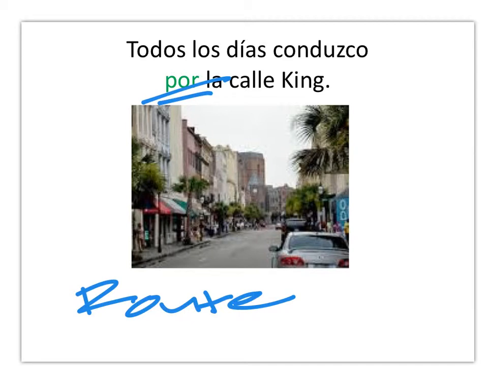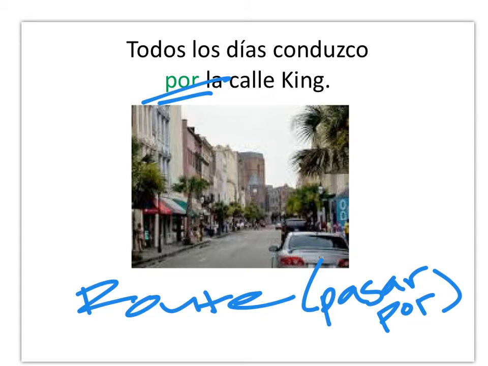Like, cuando voy a la playa de Sullivan's, cruzo el puente Ravenel. Paso por el puente Ravenel. So you'll often see the verb pasar por, to go by, to go through. Like, cuando camino a mis clases, paso por Starbucks.